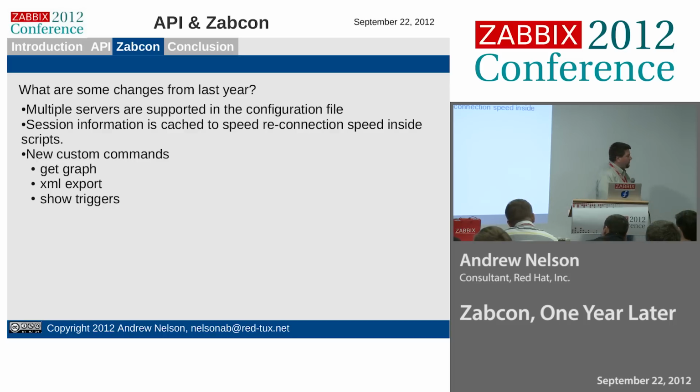As we created some examples, we've got get graph, which allows you to download a graph and save it to a file rather than using curl. With curl, the first step is to log into Zabbix, then save the cookie, then pull it out. You have to tell wget to save it to a file, then modify the file and call wget again with the right cookie.